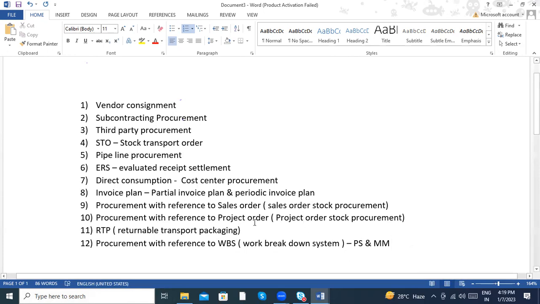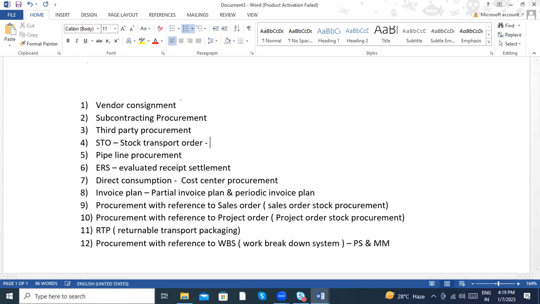Okay, so is there any other process we are missing here? I think most of them are covered, right? Inter-company STO and intra-company STO will all come under the STO process.